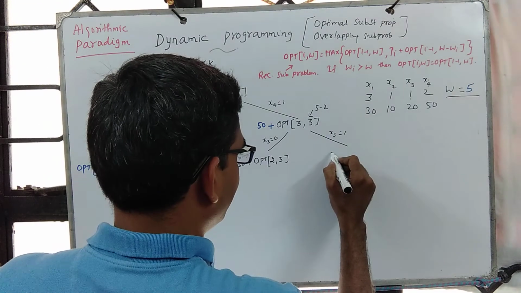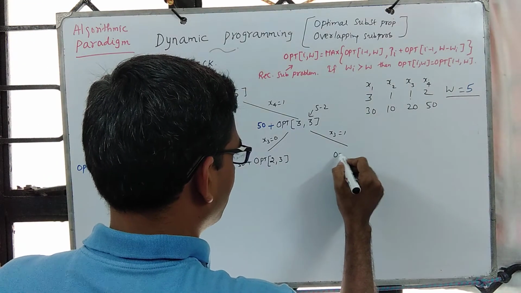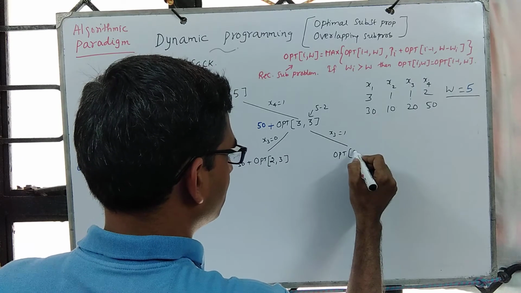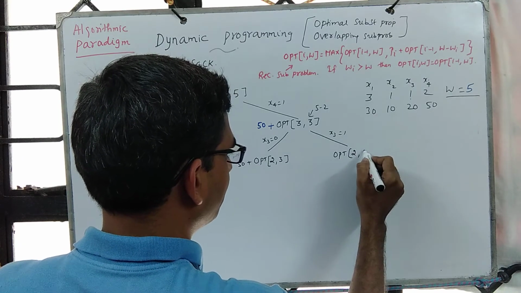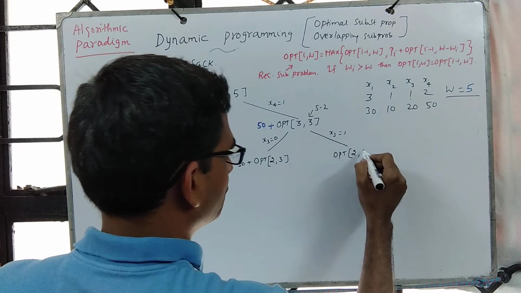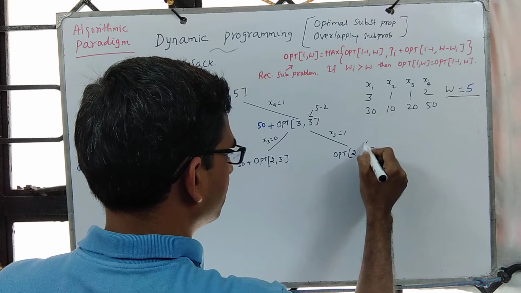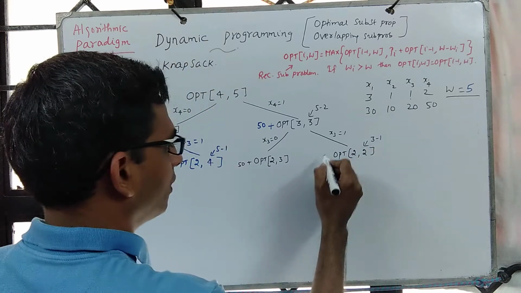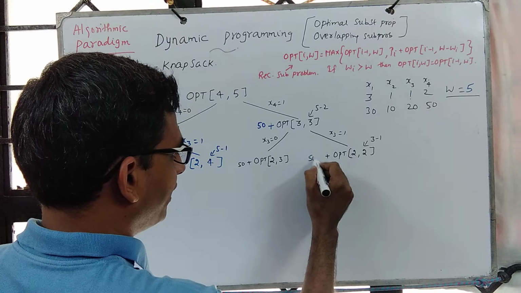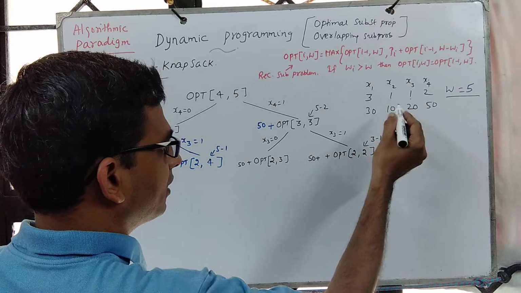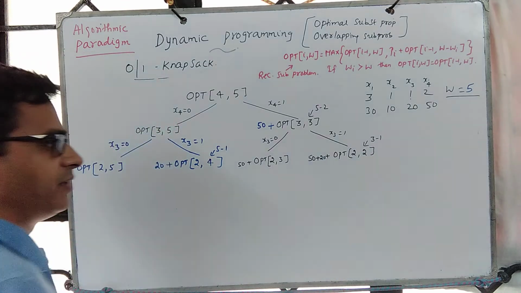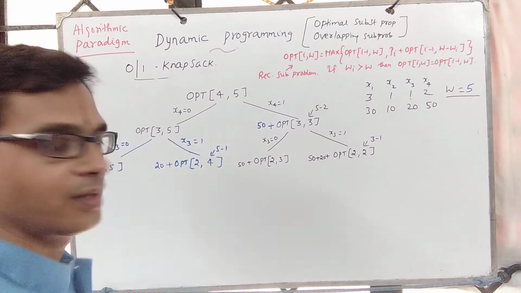So on the other side, we will have opt of, we are including the object, so it becomes 2 comma, and we are including x3, the weight of x3 is 1, so this becomes 2. So this is 3 minus 1. So we already have a profit of 50, and with that we are adding this profit, so we get 70 over here. Fine.